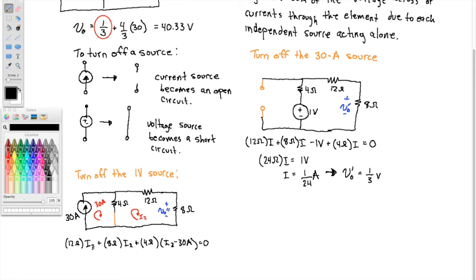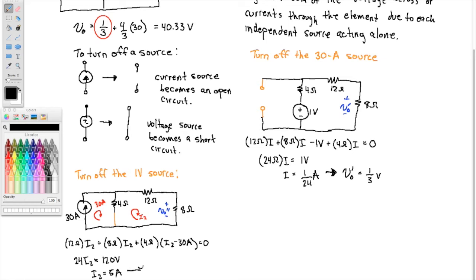So if I combine like terms, I've got 24I2, and then the constant term is negative 120 volts. I'll get that to the other side. That's 120 volts. So that makes I2 equal to 5 amps.